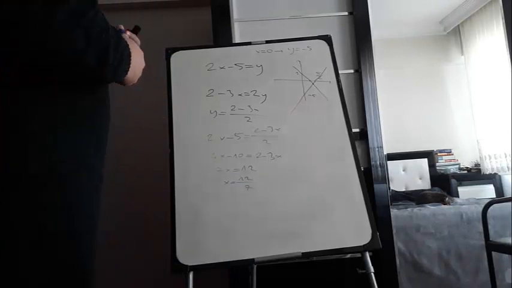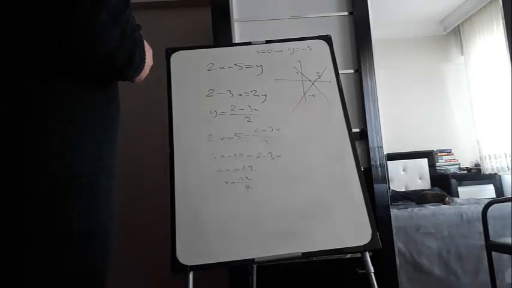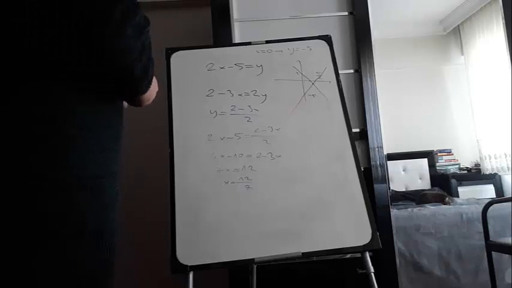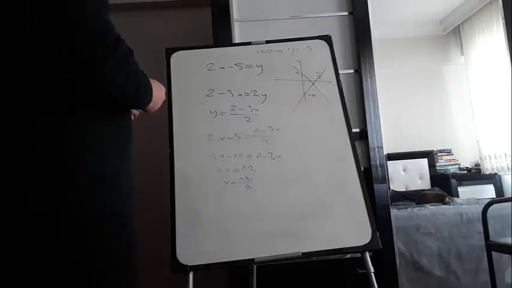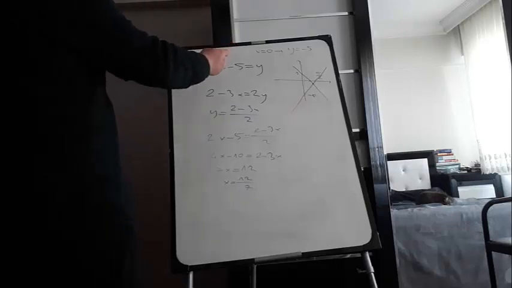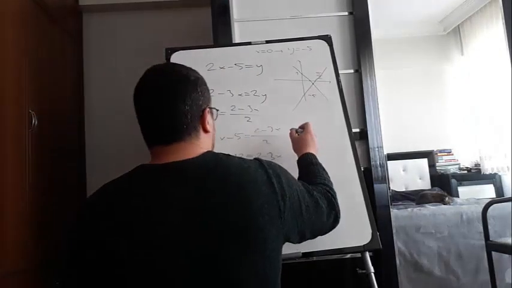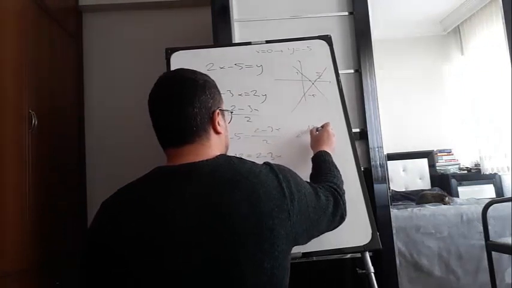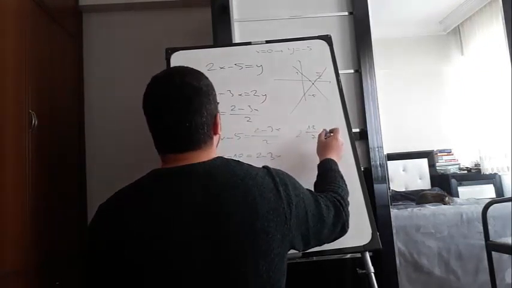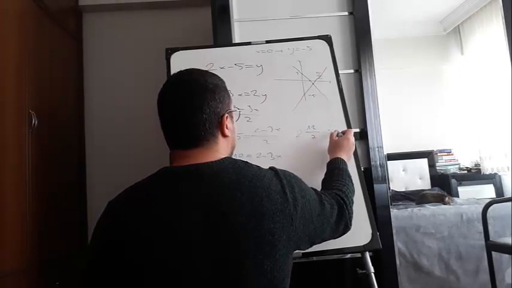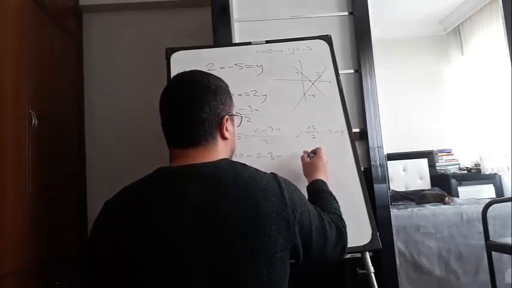Once we have found x, we can put it in either equation and find y. I prefer the first equation. 2 times 12 over 7 minus 5 equals y.